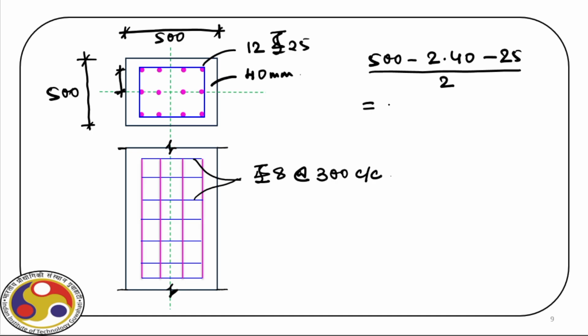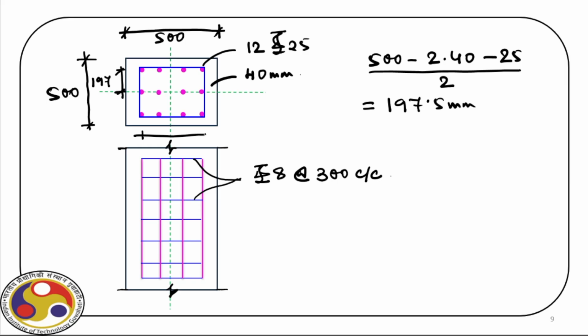So this is 197.5 millimeters. So here we have 197.5. 0.5 if we just ignore, so 197.